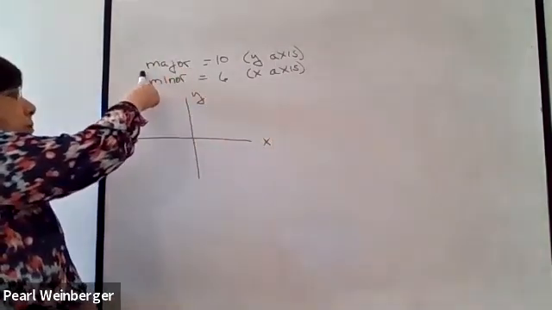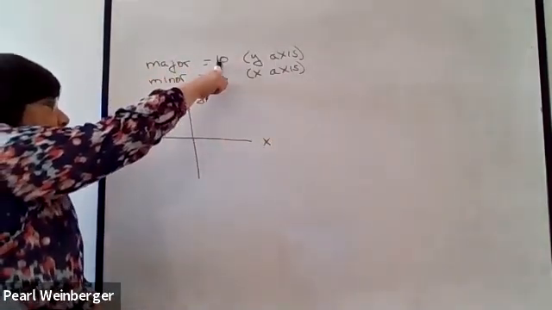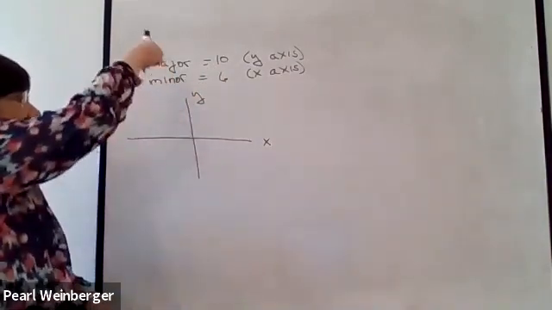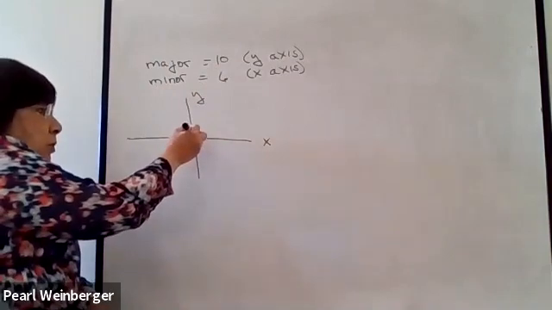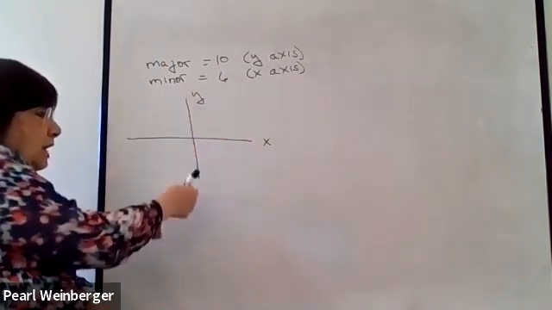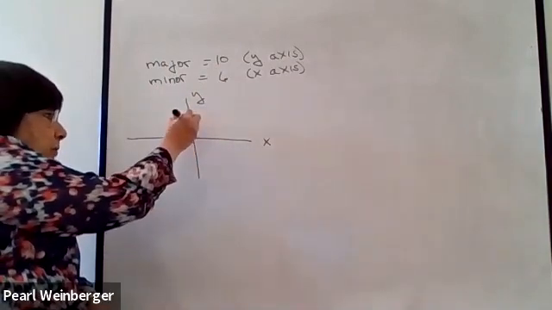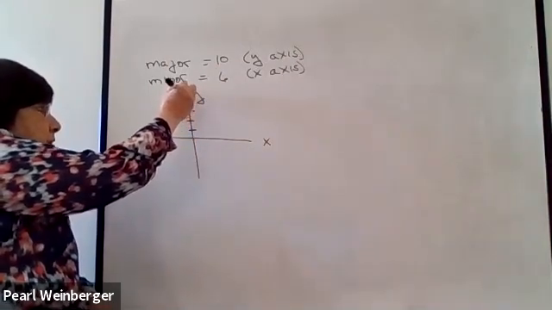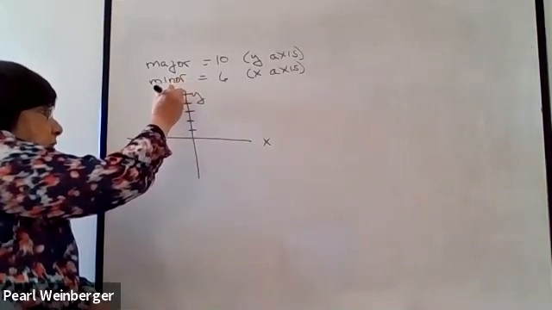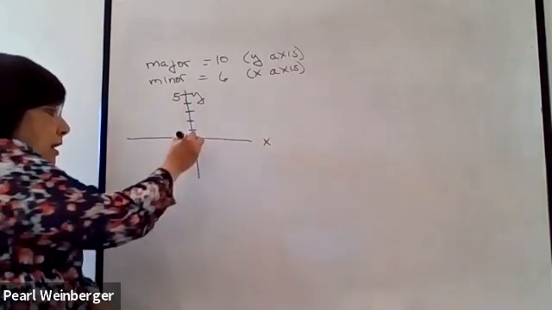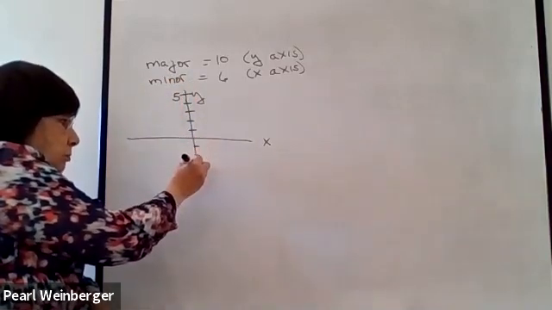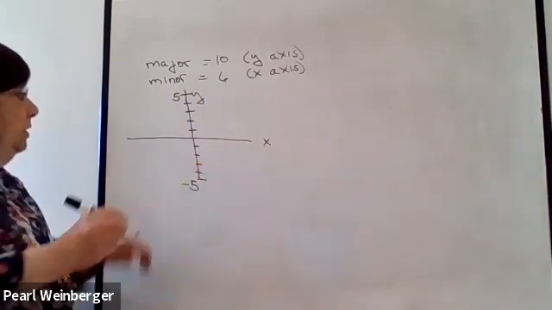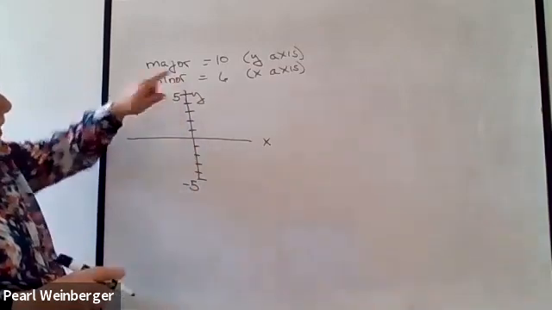We're told that the major axis of this ellipse is along the y-axis, and it's a total of 10, which means it has to go from the middle to the tip 5, and to the bottom it has to go to -5, because the total thing has to be 10.